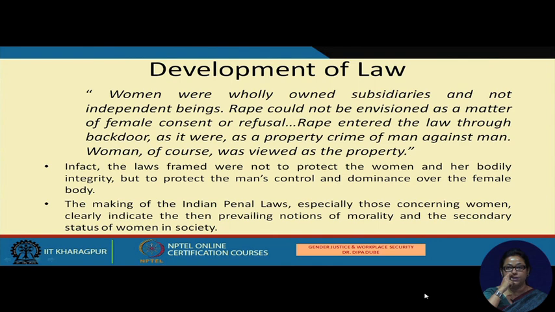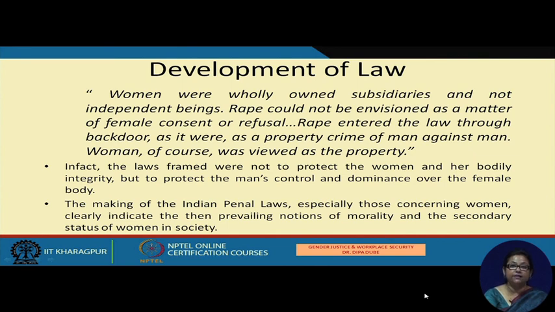If one goes deep into the various provisions of the laws, specifically those relating to women, as an example, one which I have already mentioned while speaking of domestic violence, the marital rape exemption, where a husband is exempted from any penalty for having committed rape or forced physical relations with his wife. It shows the secondary status of women.